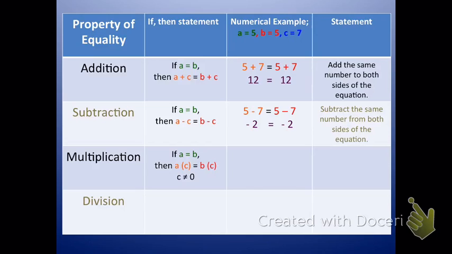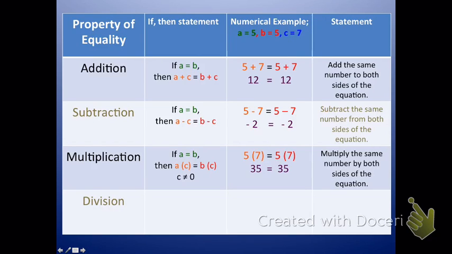So we're going to substitute our values in. 5 times 7 equals 5 times 7, and then 35 will equal 35. What you're actually going to do when you're solving the equation is multiply the same number by both sides of the equation. You would use this one when there are fractions involved. That's when you're going to use the multiplication property of equality.